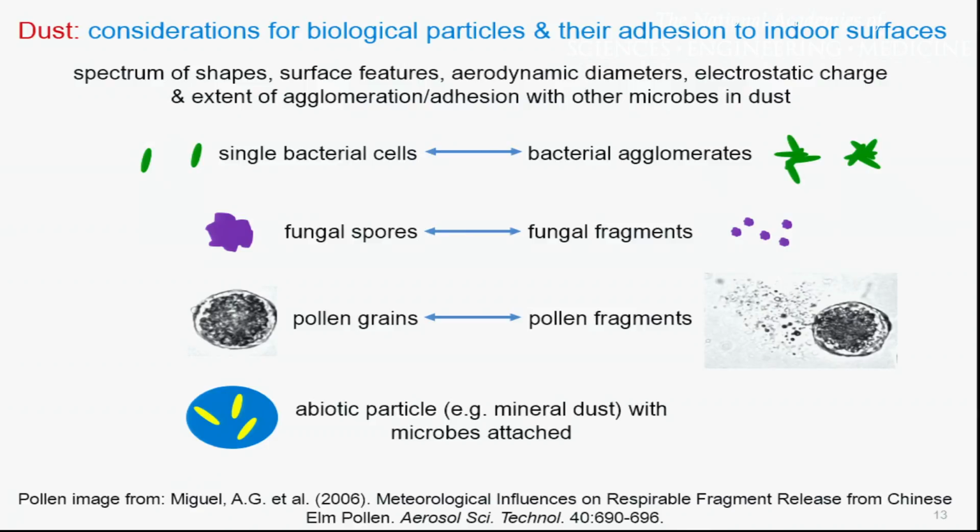And then we may have abiotic material, mineral dust or something of that nature, where bacterial cells or fungal fragments attach to the surface. So there's certainly a lot of area here to connect microbiology and aerosol physics and improve our understanding of the nature of biological material in settled dust deposits.